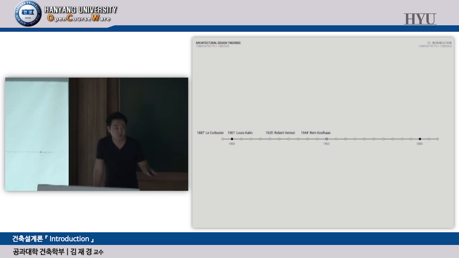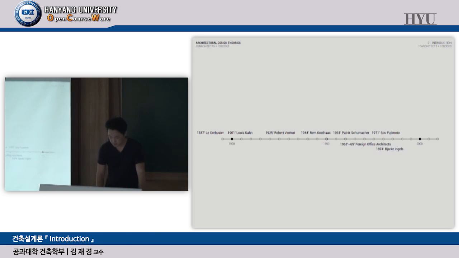I was trying to select the architects with a more gradual, equal distribution. The gap between Le Corbusier and Louis Kahn is, I think, 14 years, and these two have 24. This one is 19, so it's like 15, 20, 25.